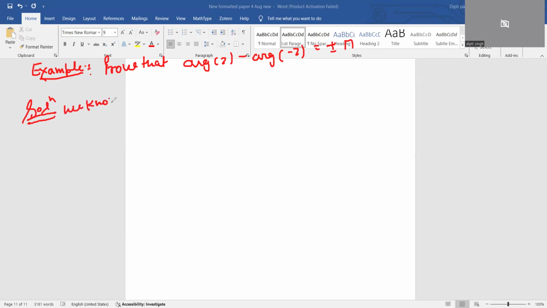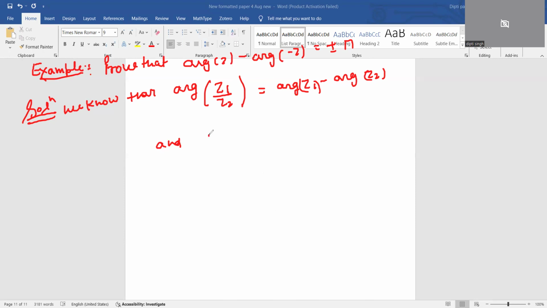We know that argument of z1 upon z2 will be argument of z1 minus argument of z2. And we know that argument of minus c is plus minus pi, where c is any positive number.